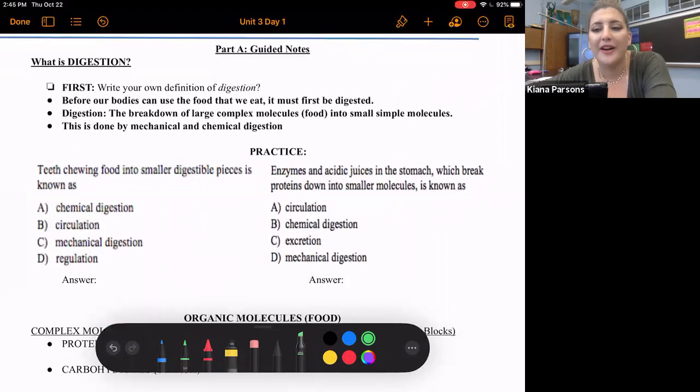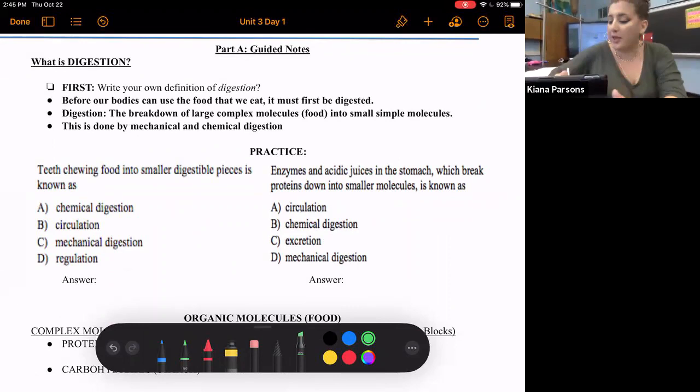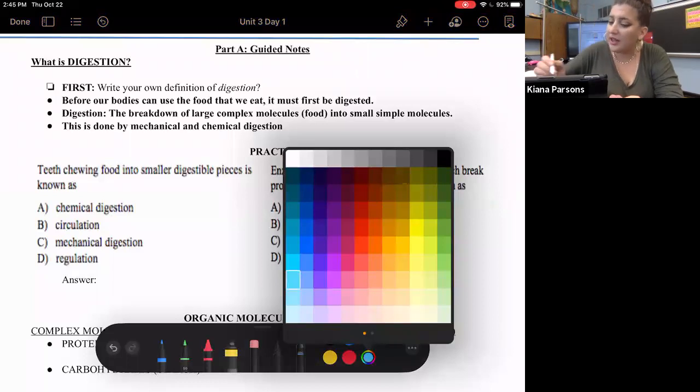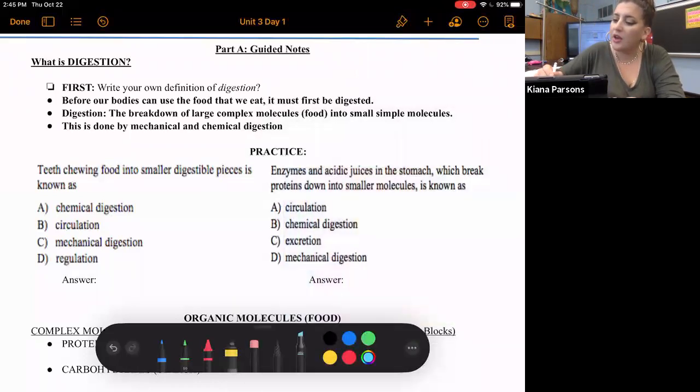So here we have Part A. So what is digestion? So first you're going to write your own definition of digestion, and I encourage you to write your own definition, but I'm going to go with the one that we talked about at the beginning of the handout when we first started annotating, which is breakdown. And because it's probably what we're thinking about, break down food.